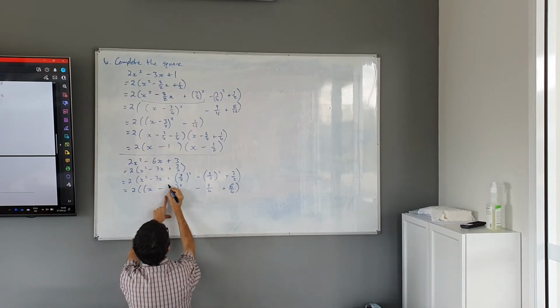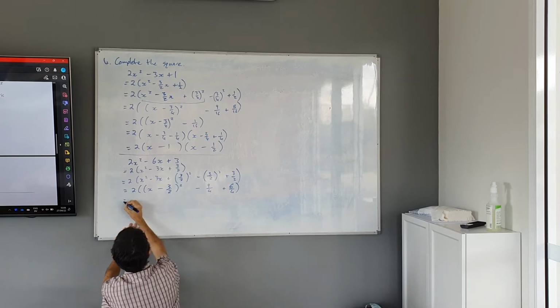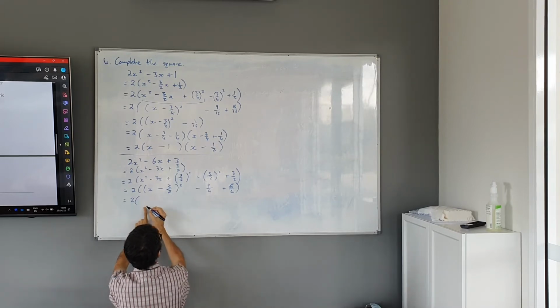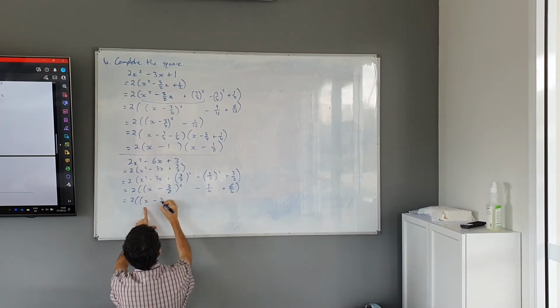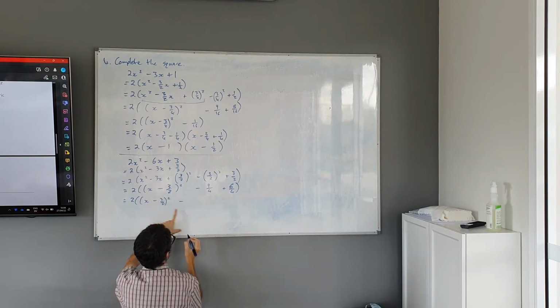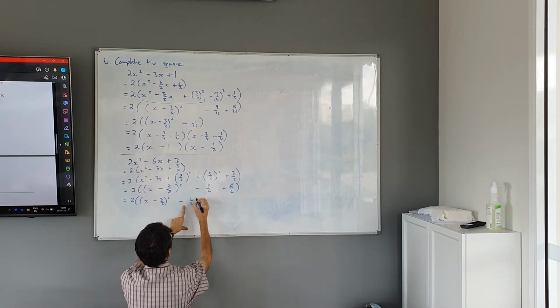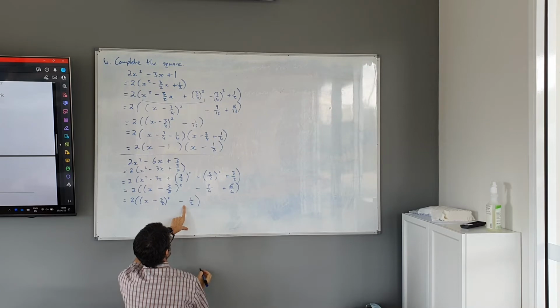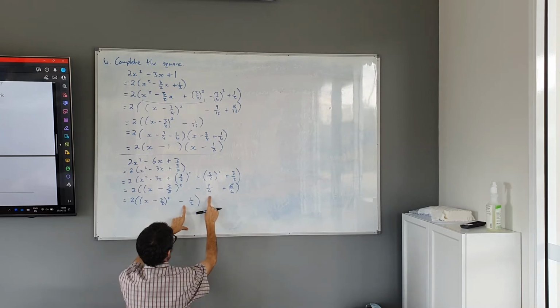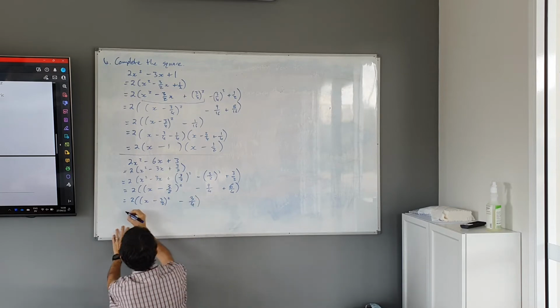So this has to be 3 on 2, which is 2x minus 3 on 2 squared minus a half. No, 3 on 4. I thought I could simplify that, but I can't.